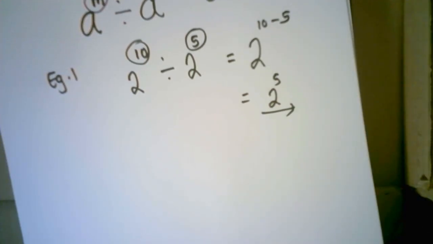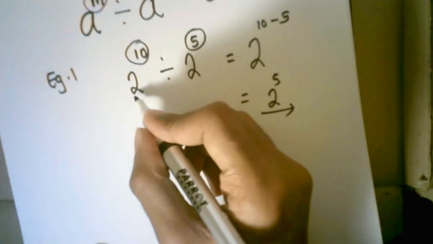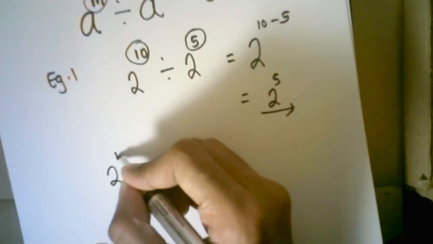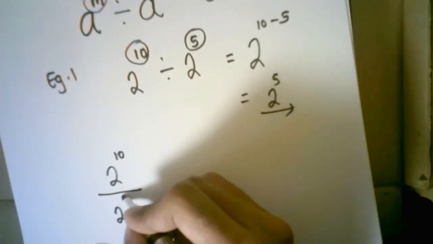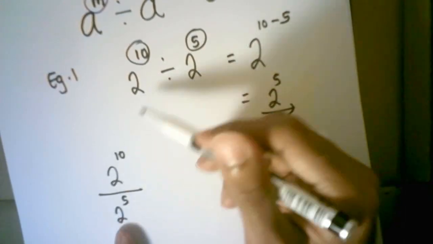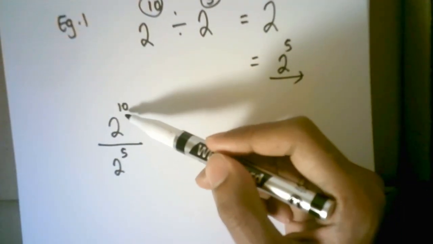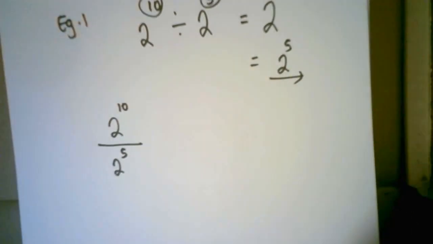Now, do not forget that a fraction is essentially the same thing as division in maths. So I can rewrite 2 raised to the power of 10 divided by 2 raised to the power of 5 as 2 raised to the power of 10 over 2 raised to the power of 5. This is the exact same question, right? The division means that the numerator is divided by the denominator.